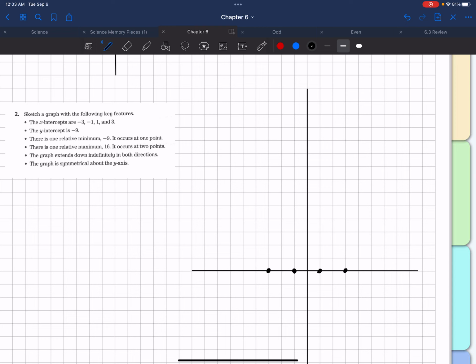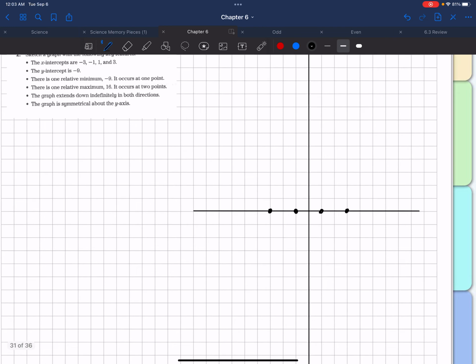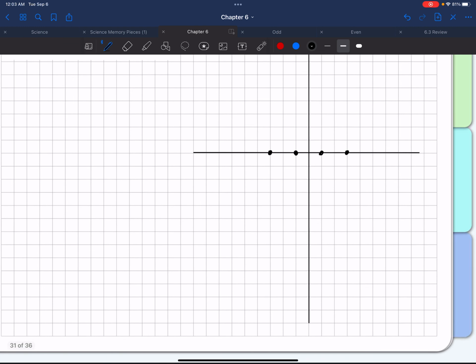So it's looking like we've got some symmetry maybe happening here. I don't know yet. We're not there. The y-intercept is -9. So I'm going to go down here to -9. 1, 2, 3, 4, 5, 6, 7, 8, 9.